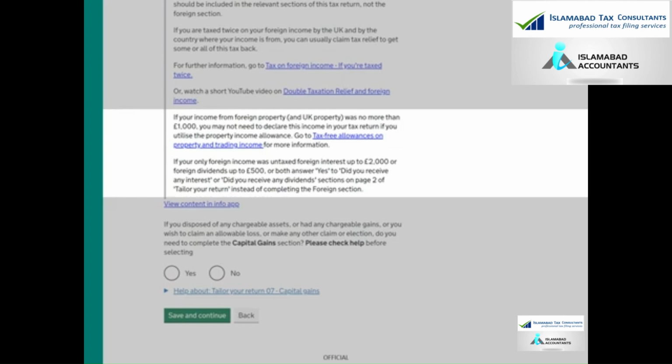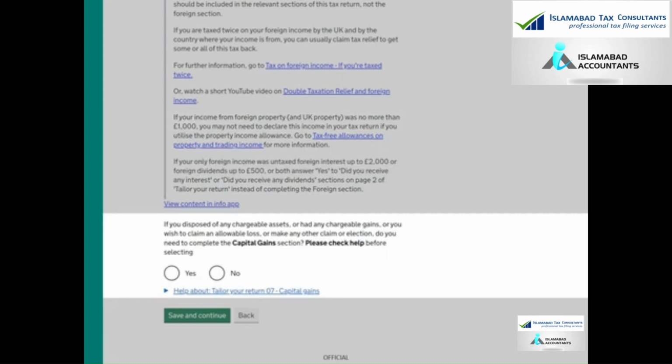For example, if you have foreign property income of no more than £1,000 and you're using the property income allowance, or if your only foreign income is untaxed foreign interest up to £2,000, or foreign dividends up to £500. These can only be shown elsewhere in the tax return, and I'll show you how shortly.